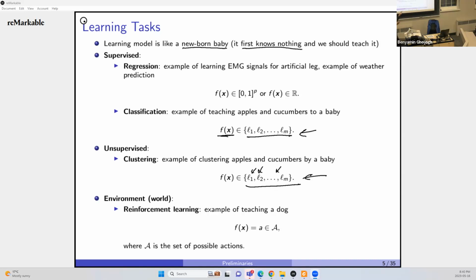EMG signal for 80 degrees, EMG signal for 90 degrees, etc. There is no 85 in the training. But in the test, some EMG signal comes, which is between the EMG signal of 80 and 90. It could interpolate that. Now it outputs 85. Right? So this is the good thing about it. Otherwise, it would be just memorizing the lookup table. That's called regression.